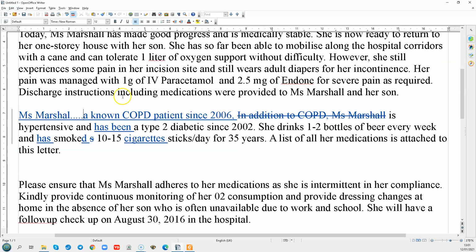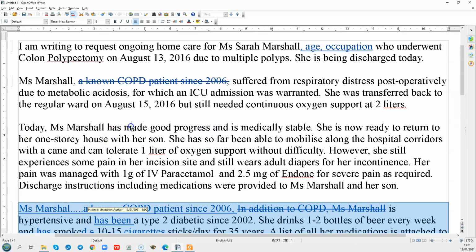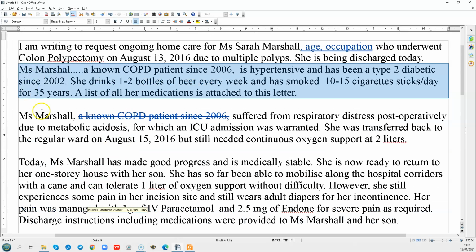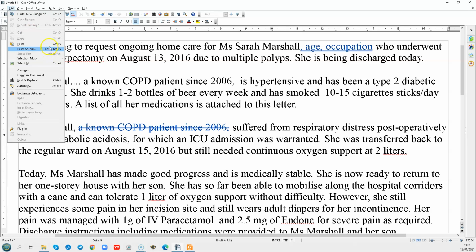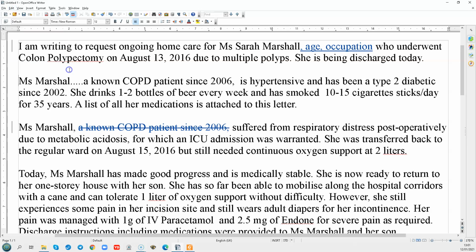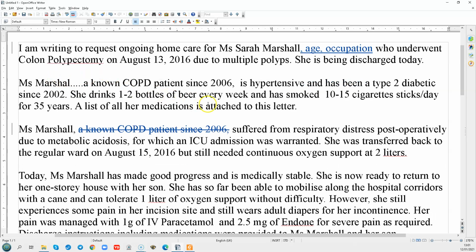So, let me move this up a little bit. Put it here, paragraph 2. Okay. So, I'm not going to type it all out, but your purpose, ongoing care, and so on, then the history paragraph here.